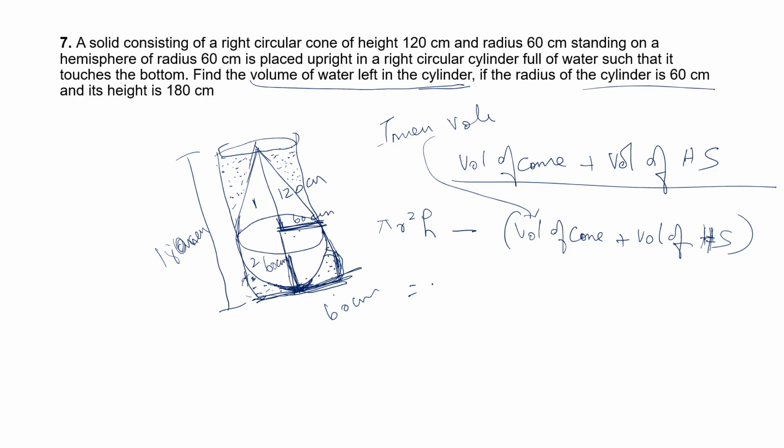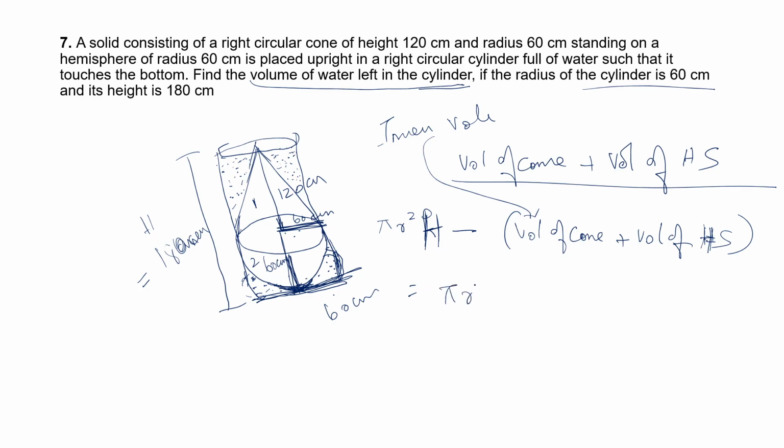Okay, so r square is going to be common for that. This h will differ, so let me take the cylinder height as capital H. You have to write all this: let the height of the cylinder be H and then the radius of the cylinder. Please write that once so that there won't be any mistake in the calculation.